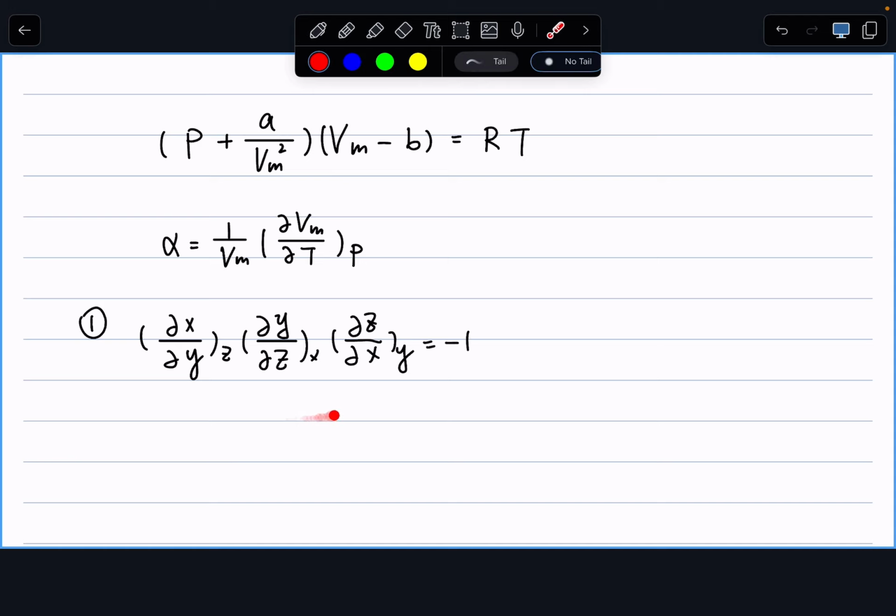In this case, it is hard for us to solve for Vm as a function of T and P. But it is relatively straightforward to solve for T as a function of Vm and P, or to solve for P as a function of Vm and T. So it's easier to solve the partial derivative of P over Vm at constant T, or the partial derivative of T over Vm at constant P.